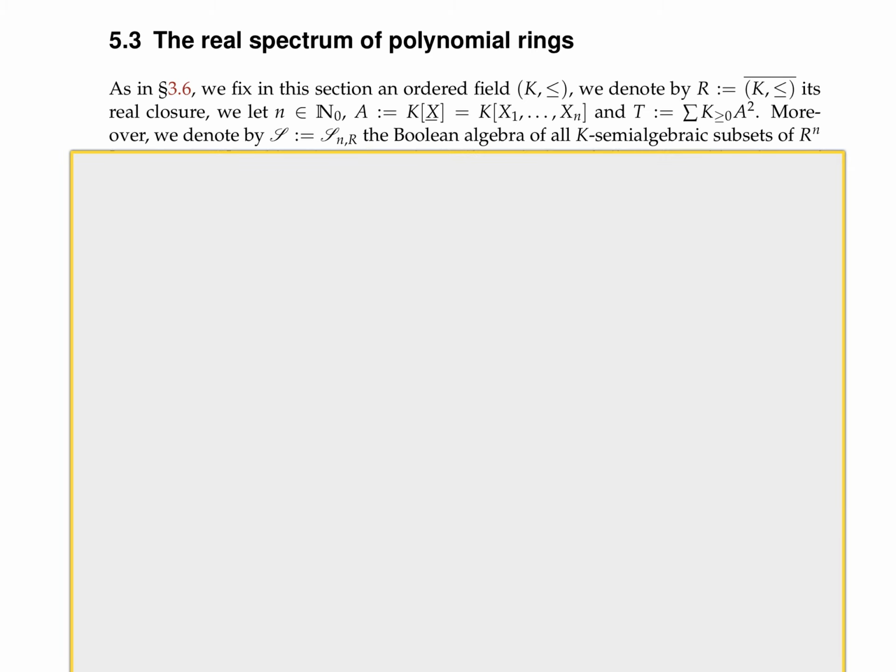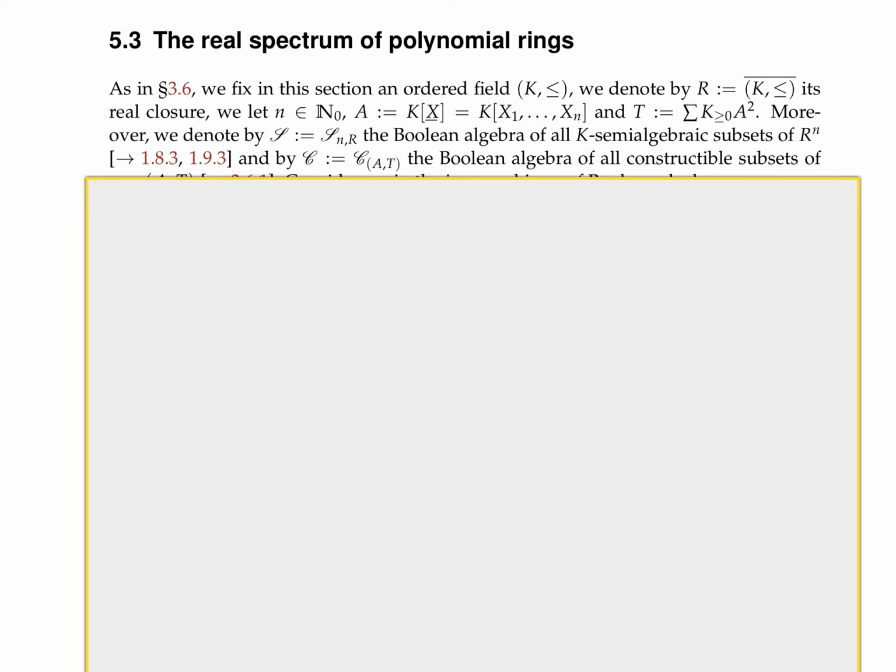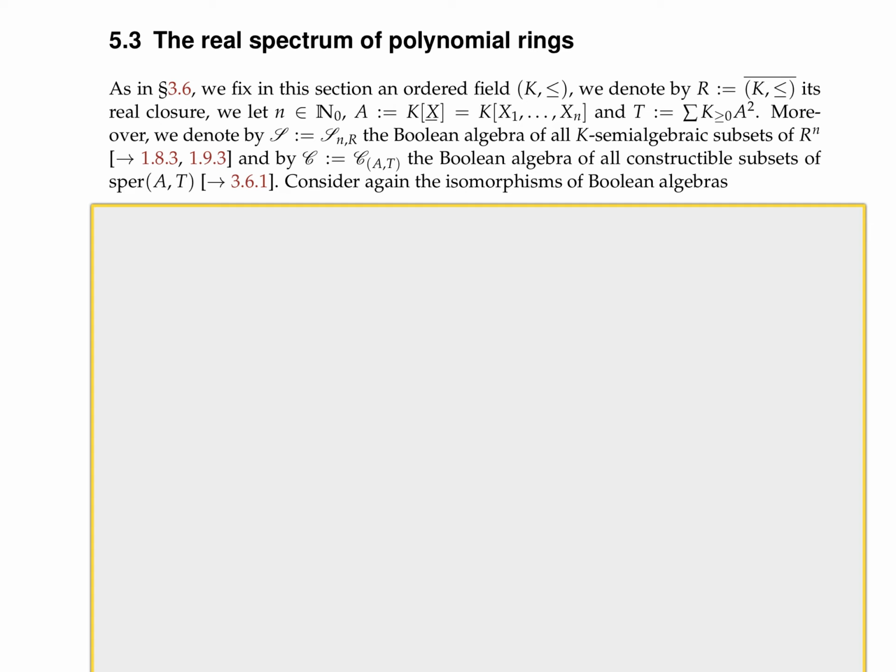Moreover, we denote by curly S the Boolean algebra of all k-semialgebraic subsets of R^n, and by C the Boolean algebra of all constructible subsets of the real spectrum of AT.